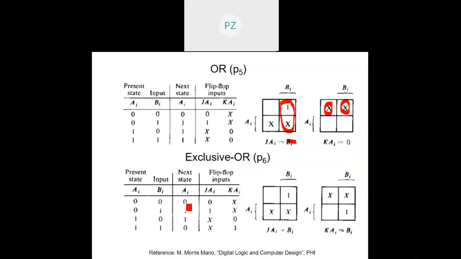Now coming to exclusive OR, it has to be 0, 1, 1, 0. Present state, next state, excitation table of JK flip-flop: 0 to 0 is 0 cross, 0 to 1 is 1 cross, 1 to 1 is cross 0, 1 to 0 is cross 1, right?